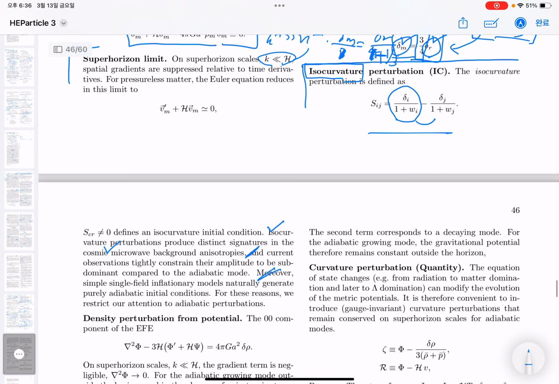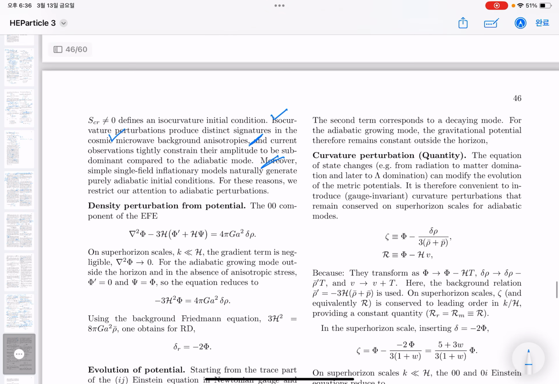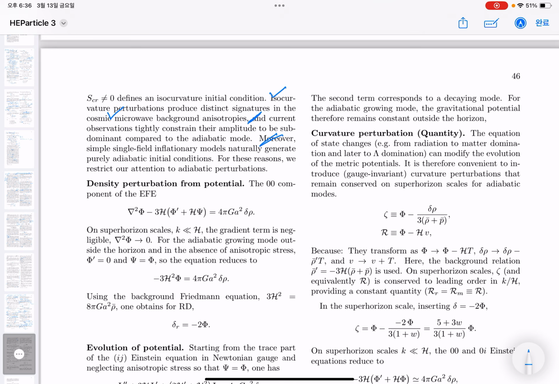So under the superhorizon limit and the adiabatic perturbation, now we can simplify the complicated forms of the density perturbation. So for the 00 component of the Einstein field equation, we'll revisit this one. For the superhorizon limit, the k mode is larger than the Hubble scale, so all the gradient terms can be negligible, so that the first term, k squared Φ, goes to 0.